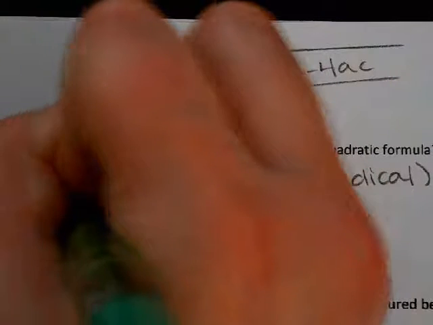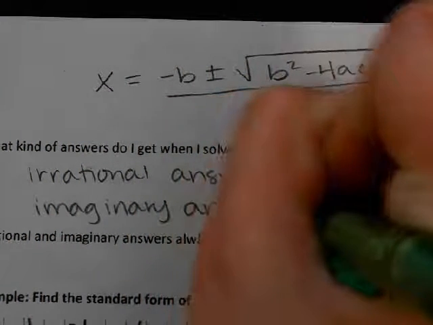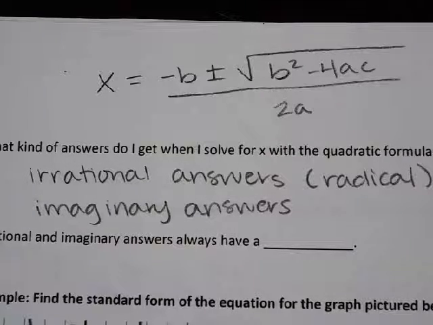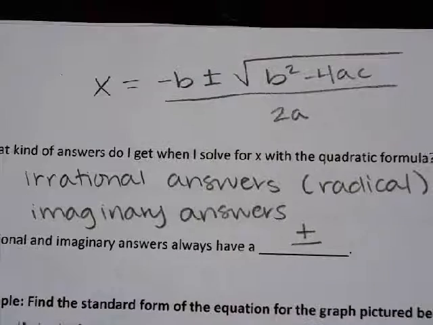That's what we saw yesterday. And our irrational and imaginary answers always have a plus and a minus. They always come in pairs. Okay? Two sets, or a set of 2.